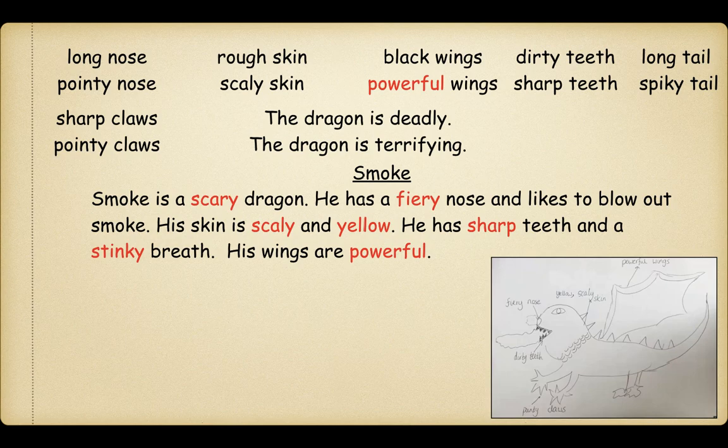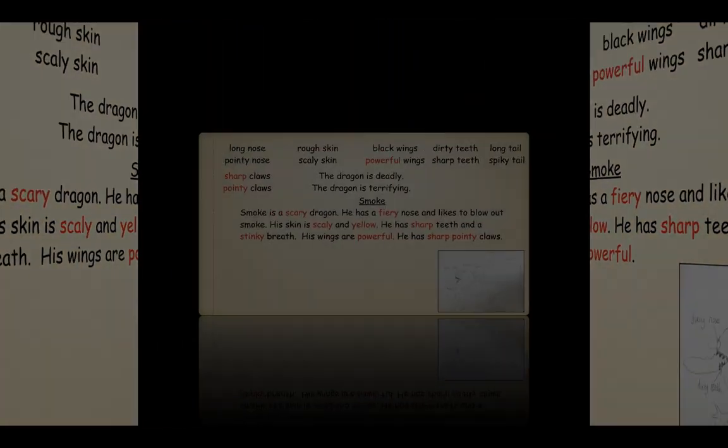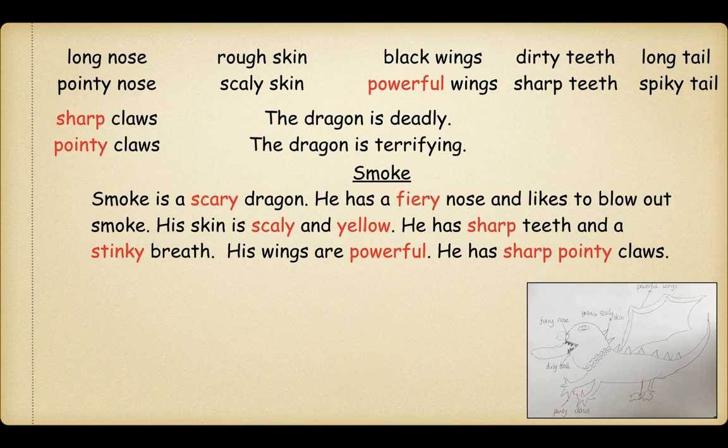So this dragon has powerful, or we could say strong wings. So you can see we're gradually building the number of sentences that we can have to describe the dragon or to describe our character.